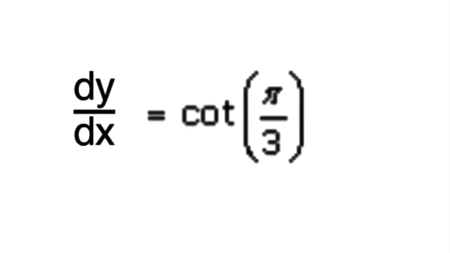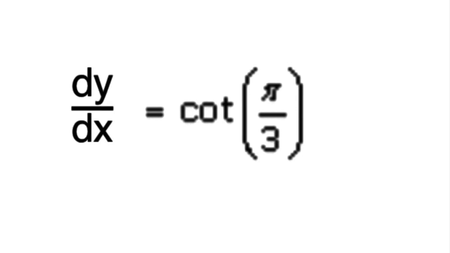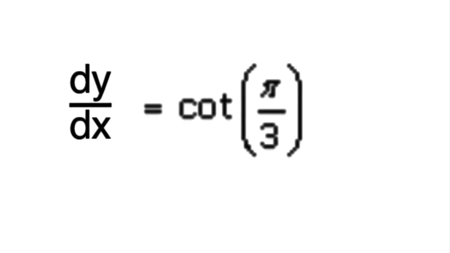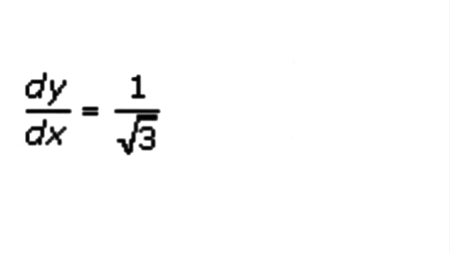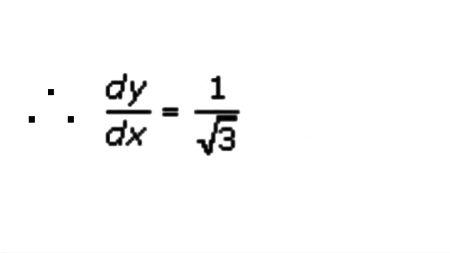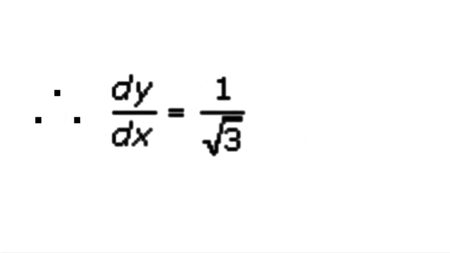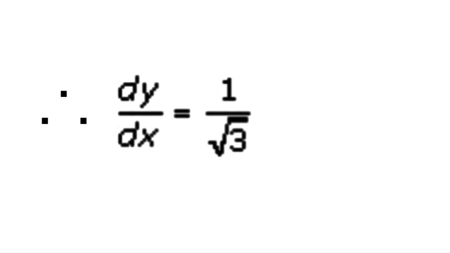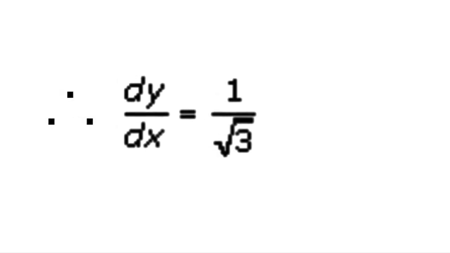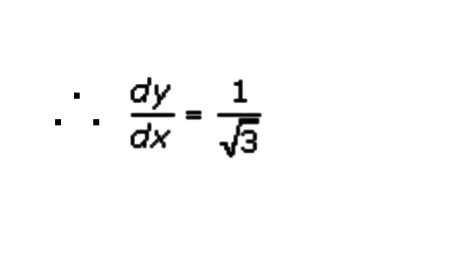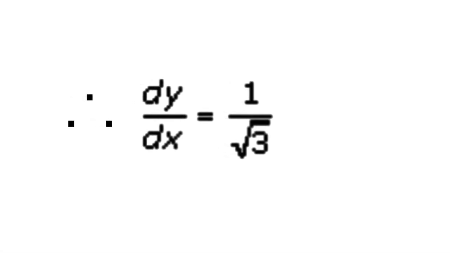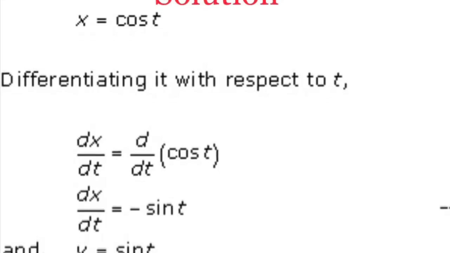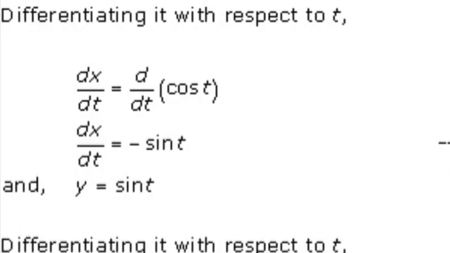We will get dy upon dx equals cot of pi by 3. Now, we will put the value of cot pi by 3, which is 1 upon root 3. Therefore, dy upon dx equals 1 upon root 3. Let's go through the solution once again.